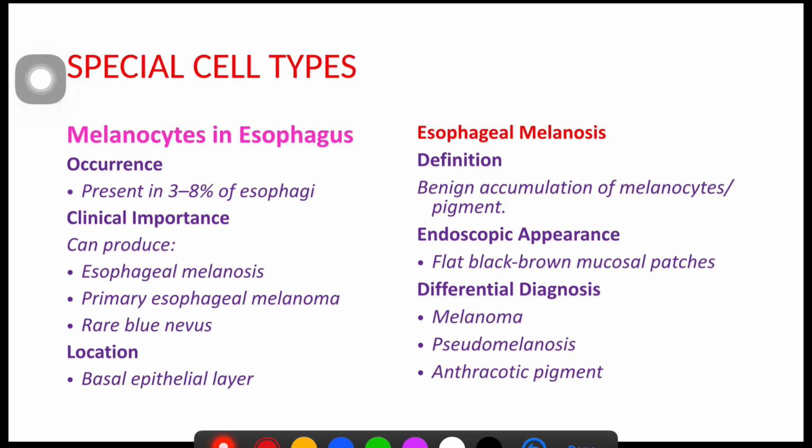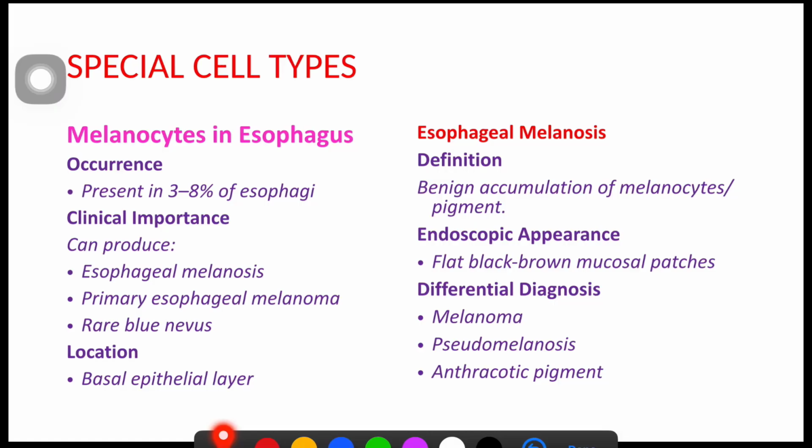Now, there are many special cell types seen in esophageal mucosa. One is melanocytes. 3 to 8% of esophagi may show melanocytes. Clinical importance is that it can produce esophageal melanosis, primary esophageal melanoma, or rare blue nevi, and they are mostly located in the basal epithelial layer.